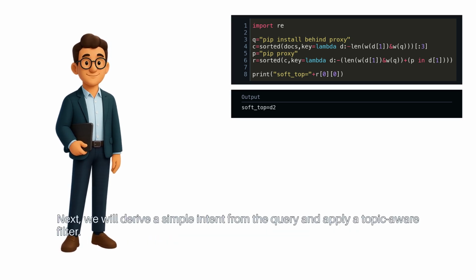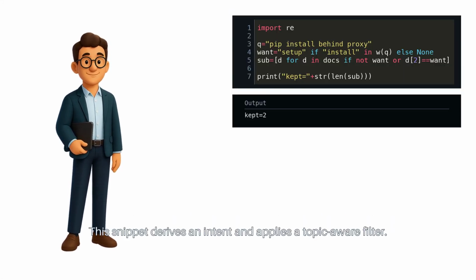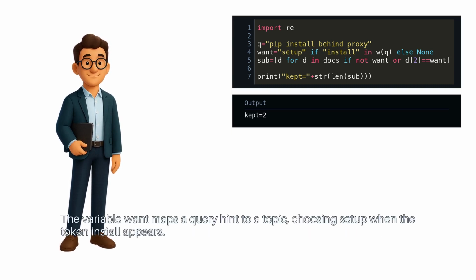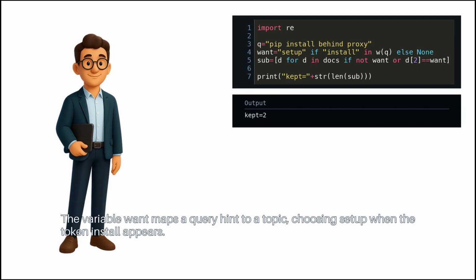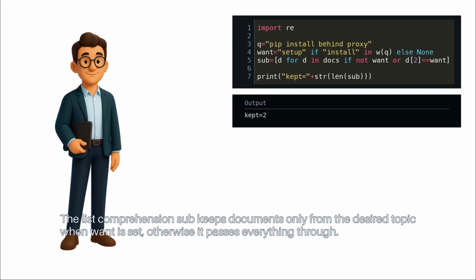Next, we will derive a simple intent from the query and apply a topic-aware filter. This snippet derives an intent and applies a topic-aware filter. The variable want maps a query hint to a topic, choosing Setup when the token install appears. The list comprehension sub keeps documents only from the desired topic when want is set.